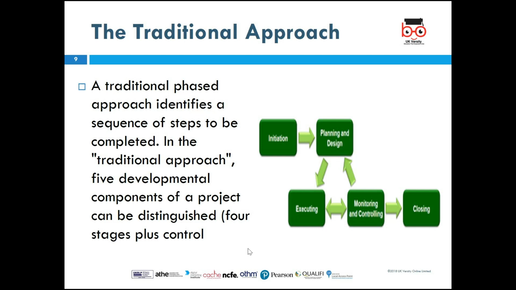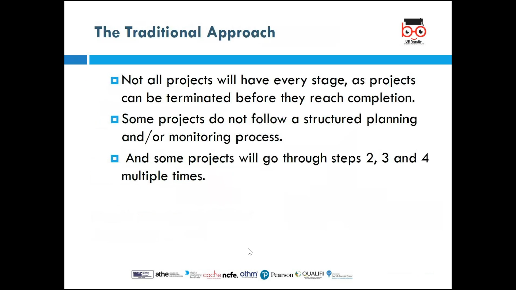Every project, as I said, will be initiated and it will end at the closing phase, where you have to close up the project and hand the project over to whoever sponsored the project. So this is the traditional approach to project management. Let's look at what is here.